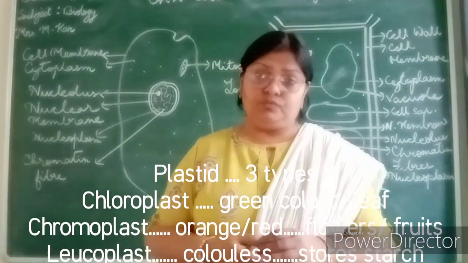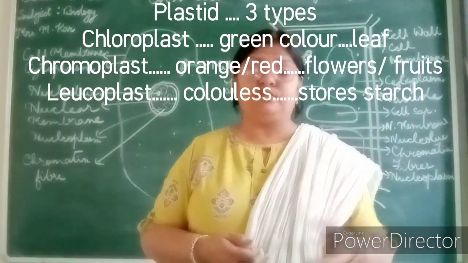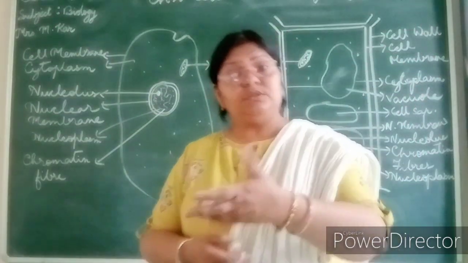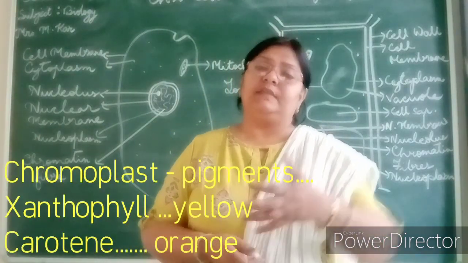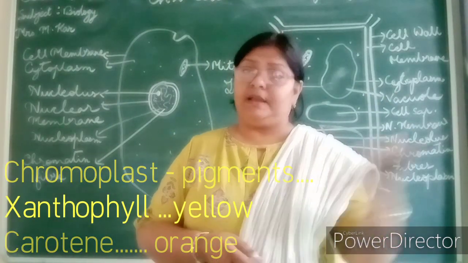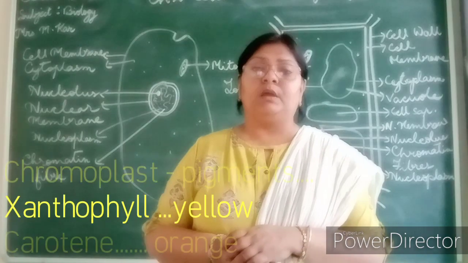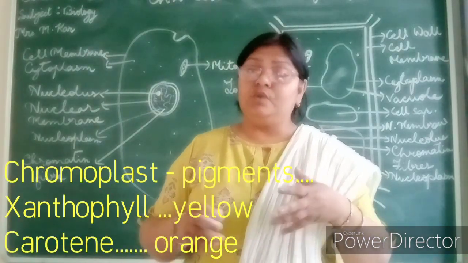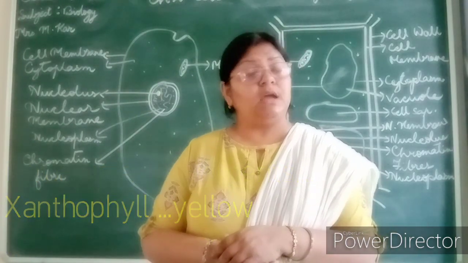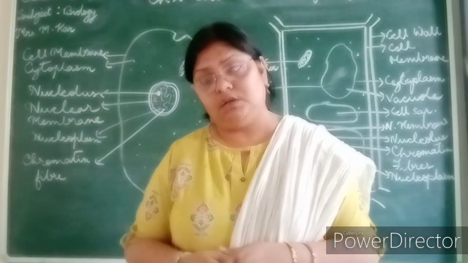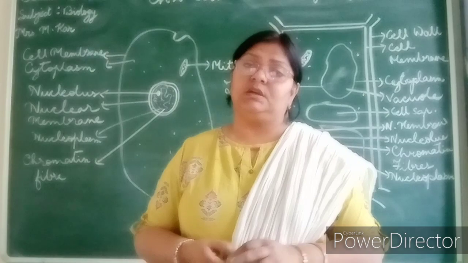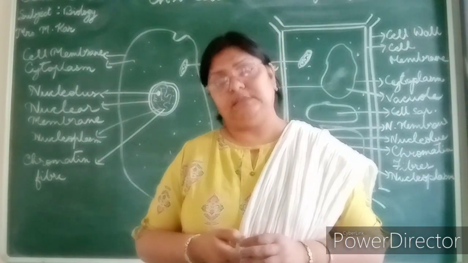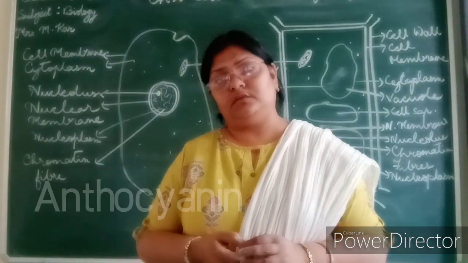There can be two different types of chromoplast, xanthophyll and carotene. Carotene gives orange color like you see in carrots, and xanthophyll gives the yellow color like you see in the skin of the mango. Now the purple or blue color that you see is not because of the chromoplast. It is because of a pigment present in the cell, anthocyanin.